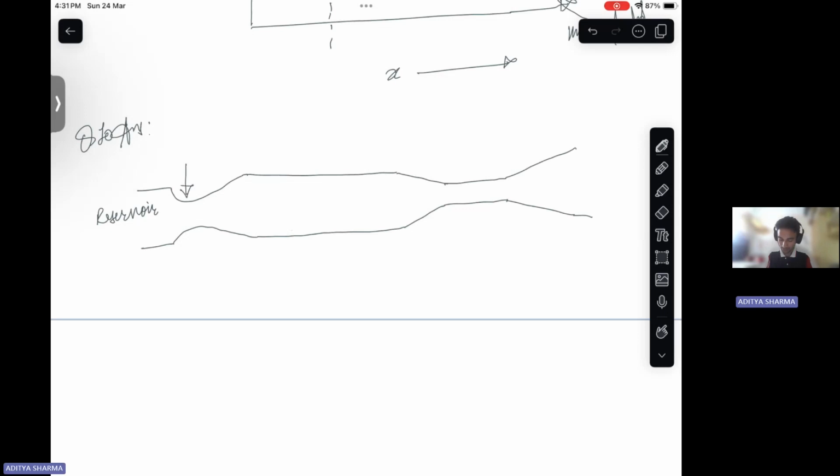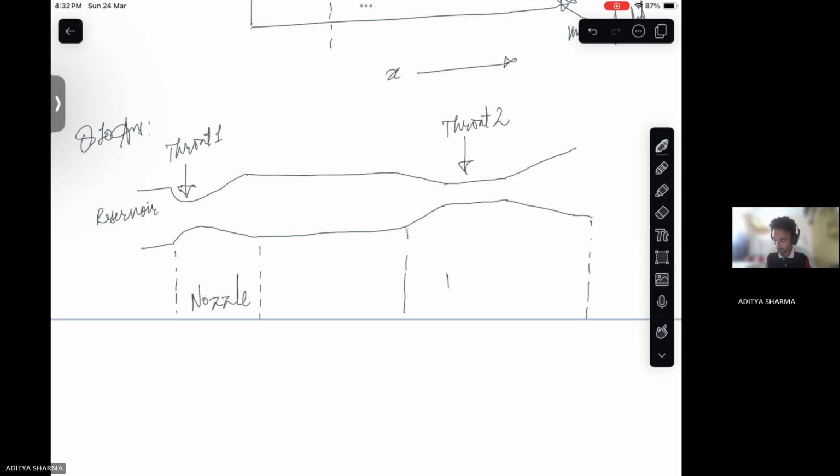So this is throat 1, right? And this is our throat 2, right? This section is our nozzle, and this section is the diffuser.